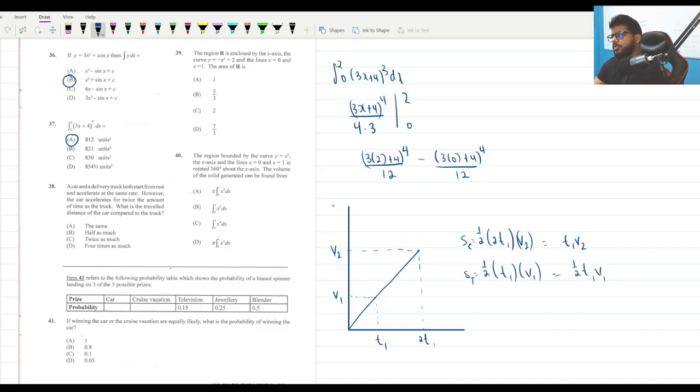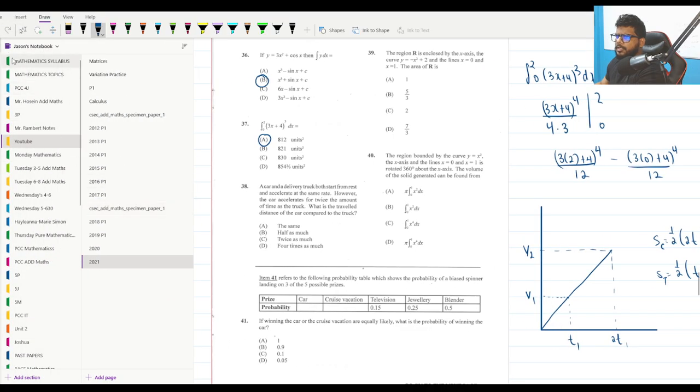We could probably use the equations of motion for this. For distance, let me just check back and see what are my equations of motion. Let me just check and see the equations of motion, right? All right.